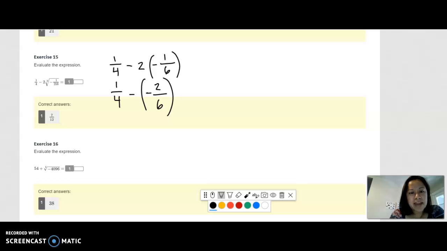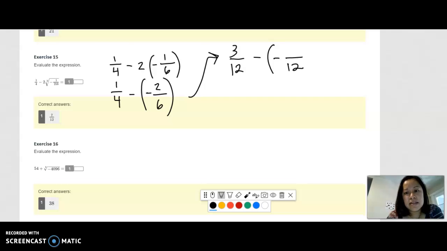So now we're going to go ahead and find a common denominator, which would probably be 12. So we're going to turn our 1/4 into 3/12. And then we're going to turn our negative 2/6 into a negative 4/12. And then we go ahead and subtract. So we have 3/12 minus negative 4/12.